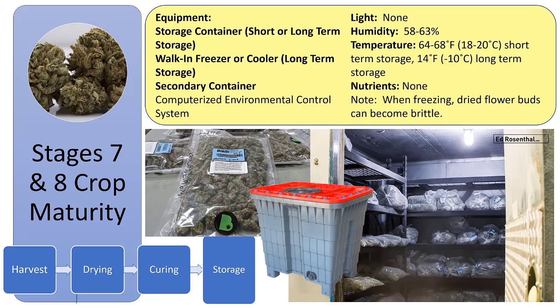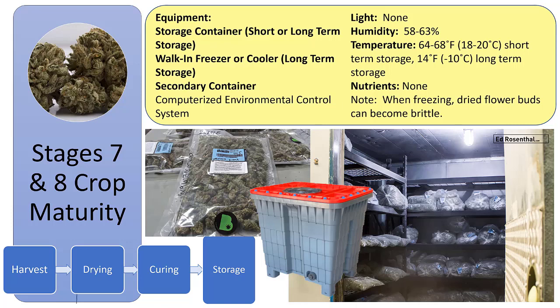Short-term storage has slightly higher temperatures, about 64 to 68 Fahrenheit. Long-term storage is about 14 Fahrenheit. And often people will use freezers, and then secondary containers within the freezer. So I have a picture of a couple of those.